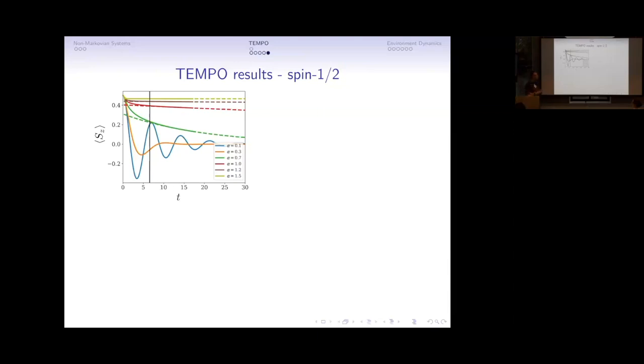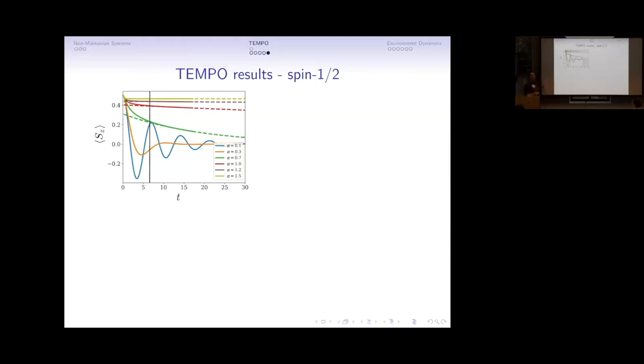Okay, good. So this is then TEMPO simulations of this ohmic spin boson model at 0 temperature for different values of the coupling between the environment and the system. And we see exactly these three regimes. If the coupling is weak, in the blue and the orange curves, then we have these damped decaying oscillations, which go to 0 in the long time limit.